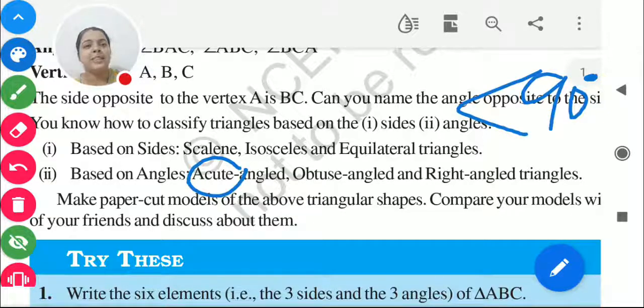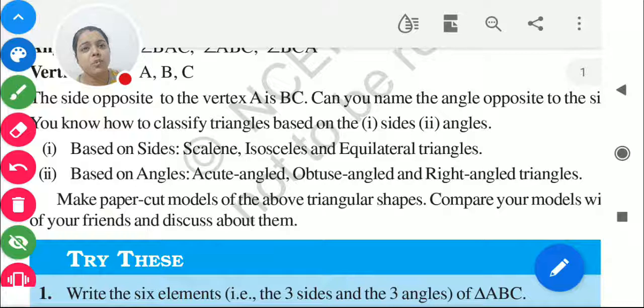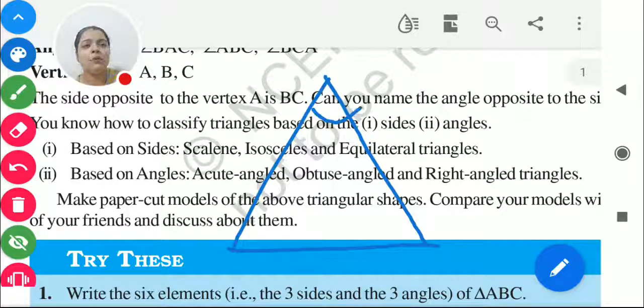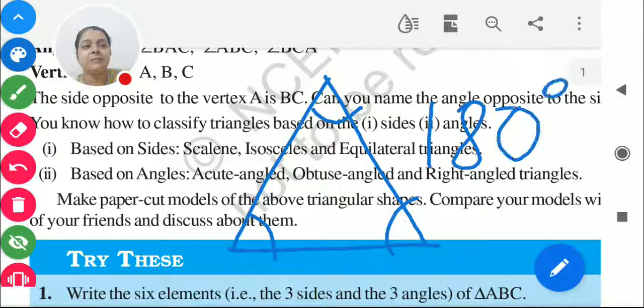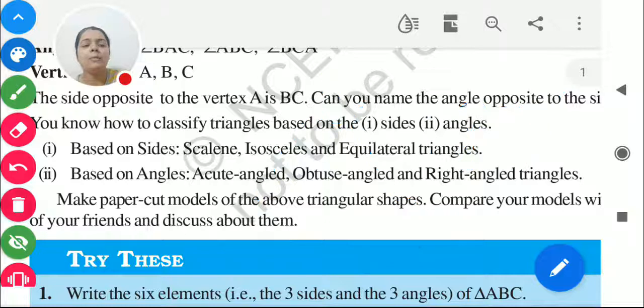One property you know very well: when we talk about a triangle, the sum total of all the angles is supposed to be 180 degree. Okay, it is supposed to be 180 degree because it is a triangle. Now I'm talking about the acute angle triangle.